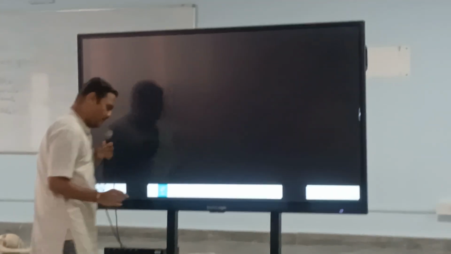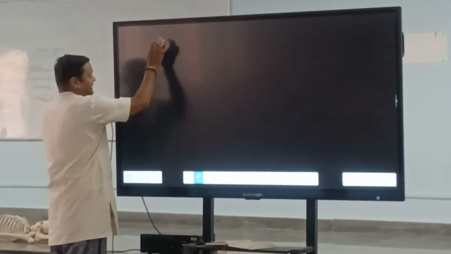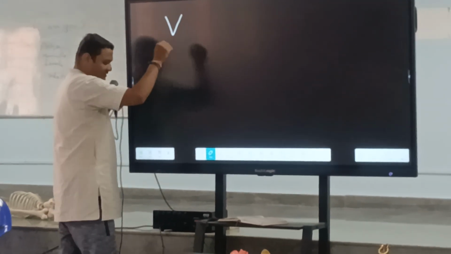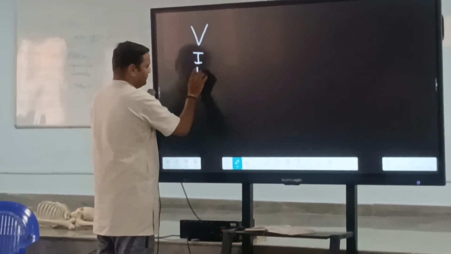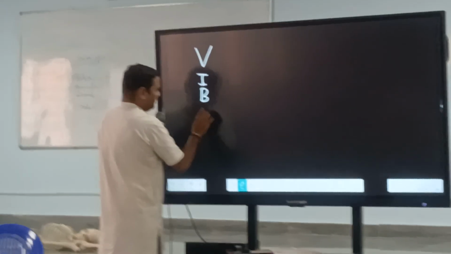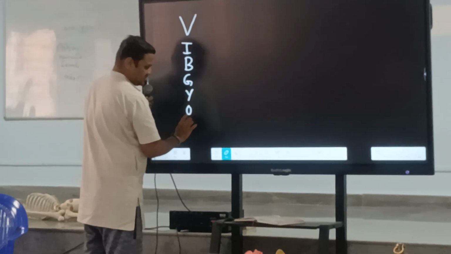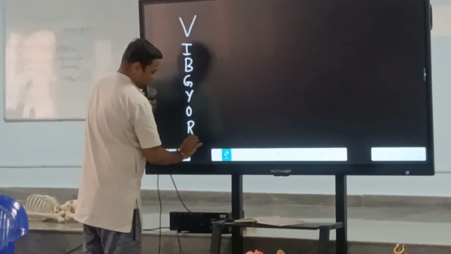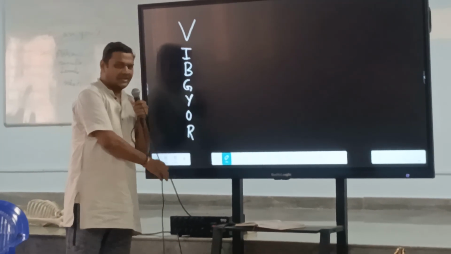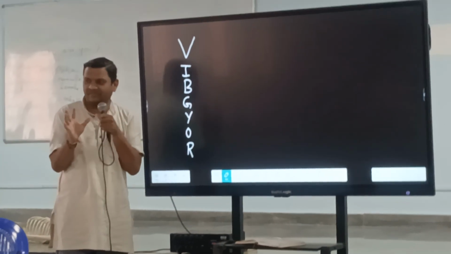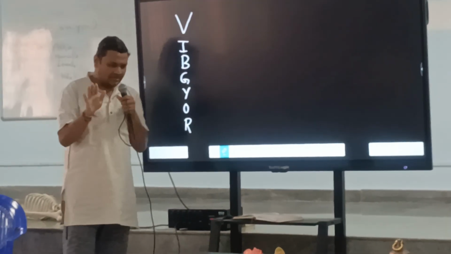Now the visible light is VIBGYOR, that is violet, indigo, blue, green, yellow, orange, red. These are the colors. If you want to analyze, each has a different wavelength and energy.